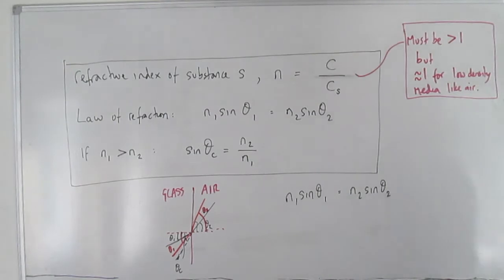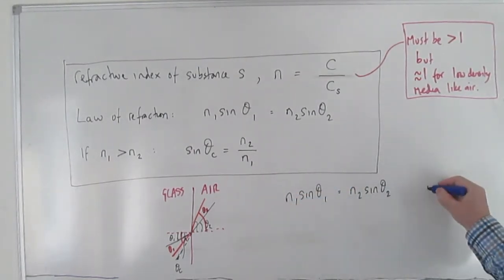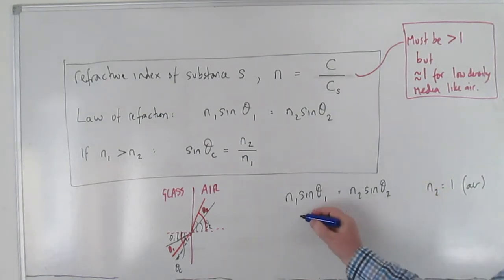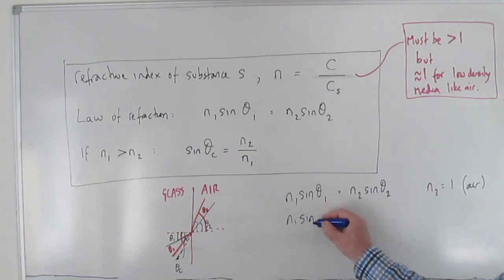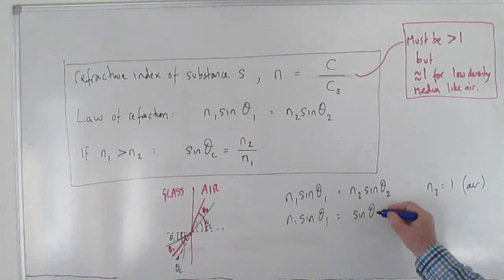But remember that medium 2 is the air, so n2 is equal to 1 because it's air. So we've got that n1 sine θ1 is equal to n2 sine θ2.